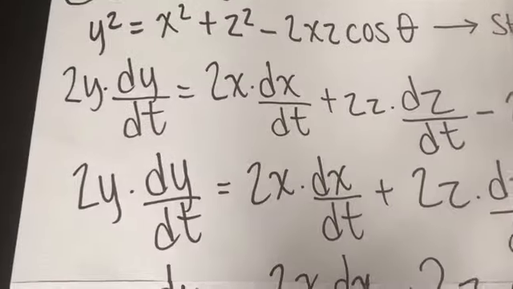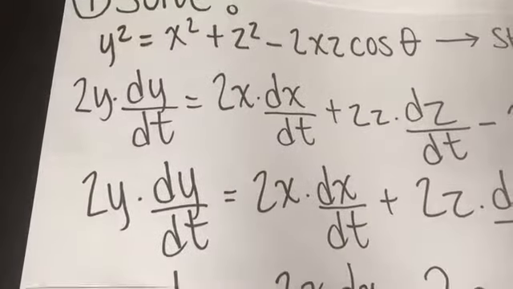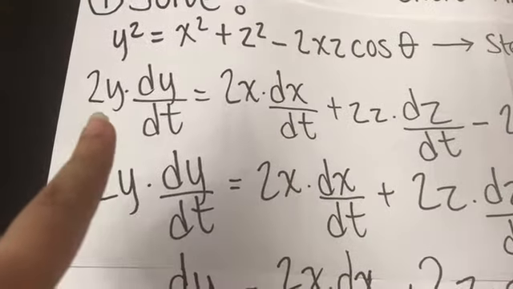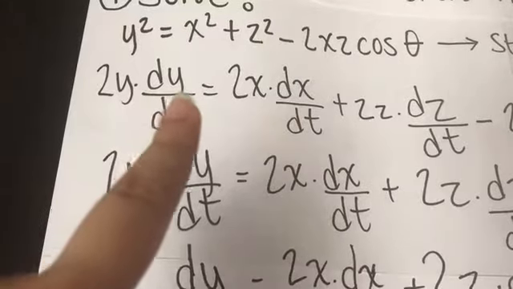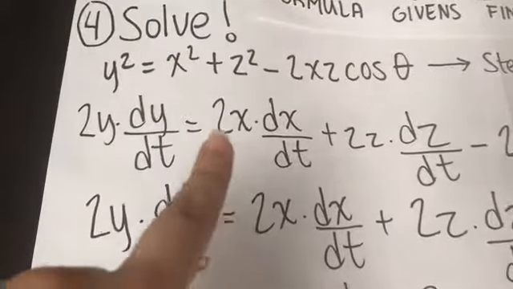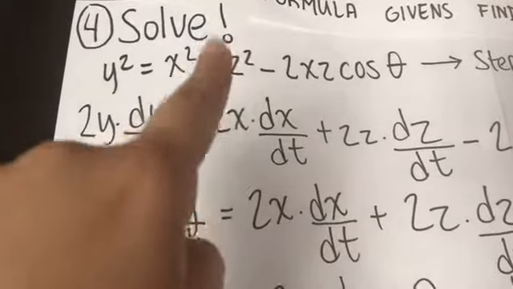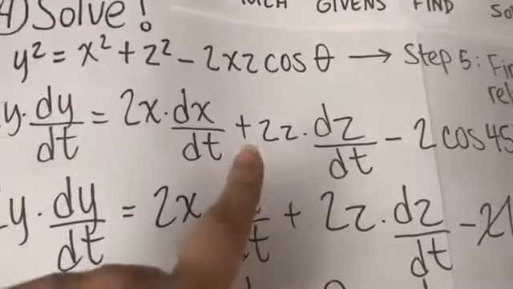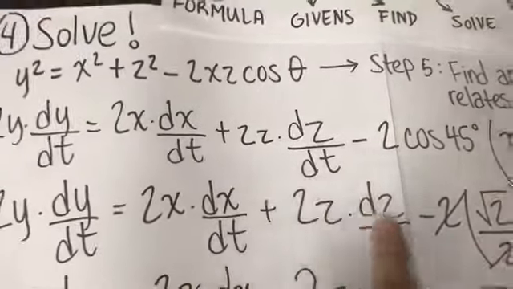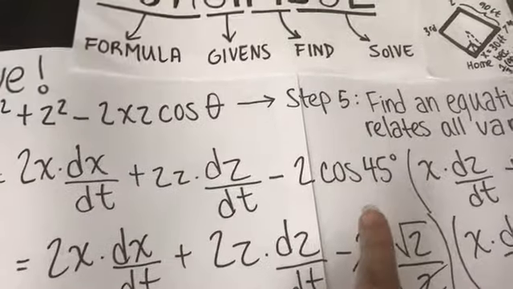So now we continue by taking the derivative of our equation using implicit differentiation. Here we have that the derivative of y squared is 2 times y times dy over dt, which is equal to the derivative of x squared, which is 2 times x times dx over dt, plus the derivative of c squared, which is 2 times c times dc over dt, minus 2 times the cosine of theta, which is the cosine of 45.